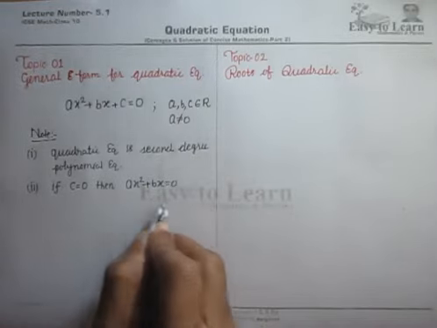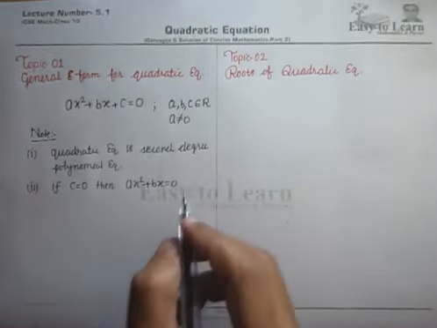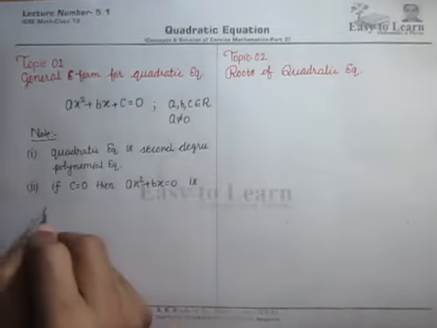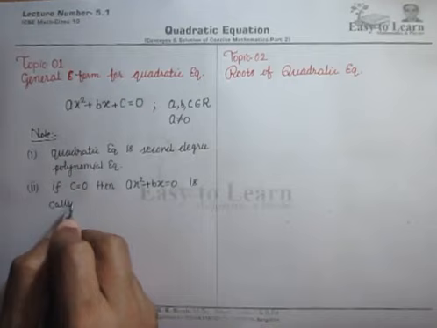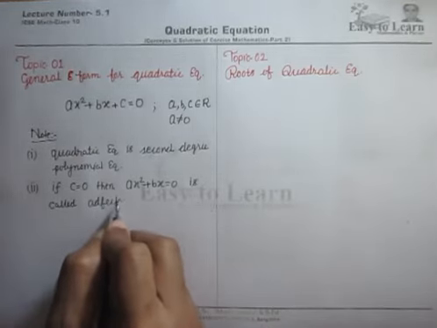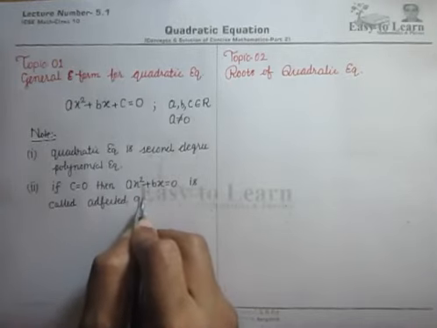This is also a quadratic equation because the highest degree is 2. This type of equation is called an adfected quadratic equation.